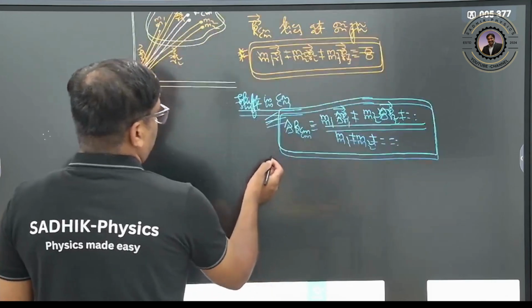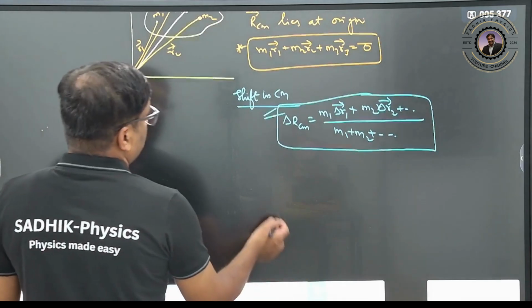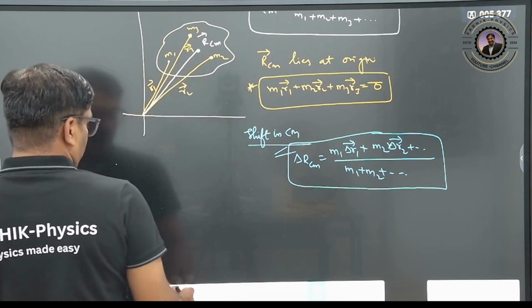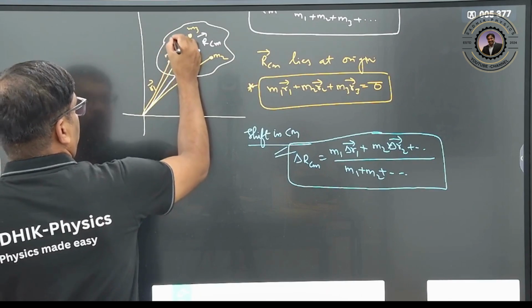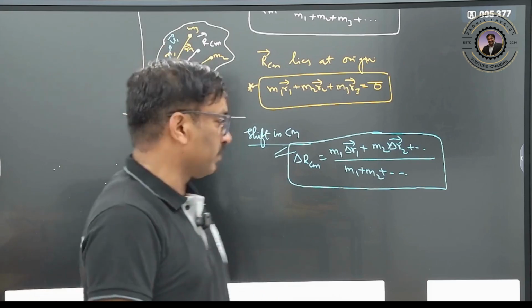Now suppose these particles are moving with different speeds, v1 and so on. What will be the velocity of the center of mass?